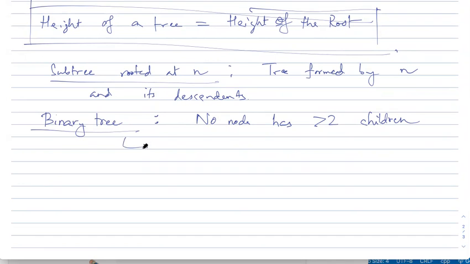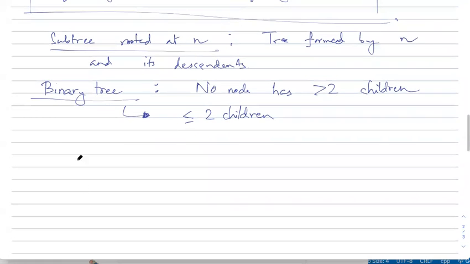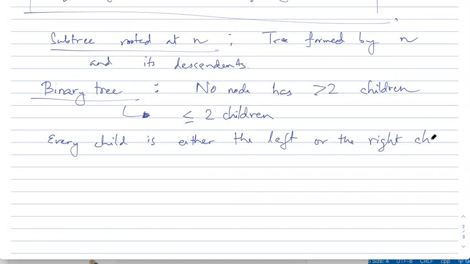Or to say it positively, less than or equal to two children. Okay, and every child in a binary tree is either the left or the right child.